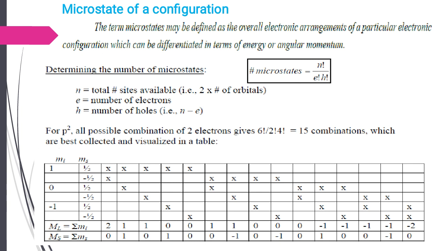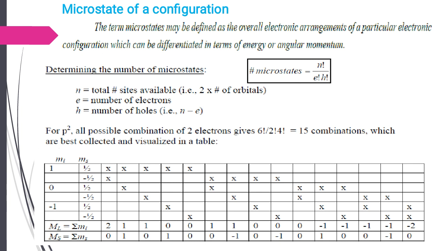And e represents the configuration. For example, in p it may be p1, p2, p3, p4, p5, p6. So e represents how many electrons are available in a particular orbital, and h is the number of holes, that is n minus e. In the example below, I have taken p2.